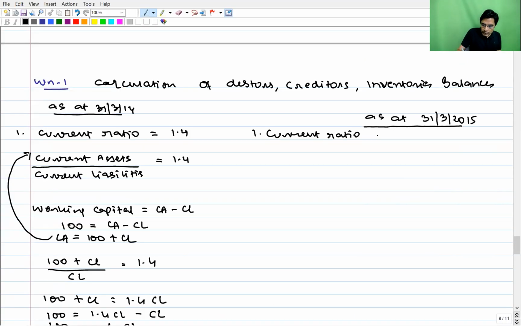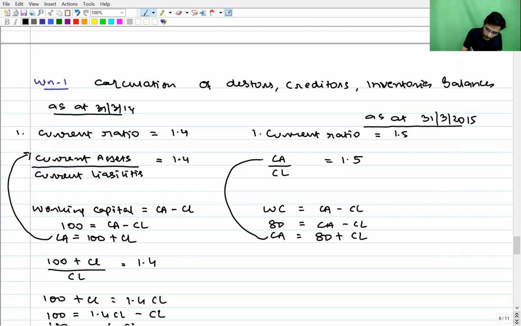We know that current ratio is 1.5 as at year end, and the formula for current ratio is current assets divided by current liability, which is equal to 1.5. We also know working capital is equal to current assets minus current liability. Working capital given at the year end is 80. So 80 is current assets minus current liability. So therefore, current assets will be equal to 80 plus current liability.